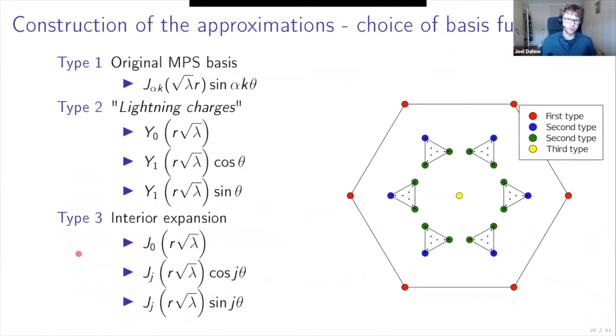So here is a rough sketch of what it looks like. We have 3 types of basis functions. I call them type 1 basis functions. These are the ones in the original MPS article. They are just Bessel functions with an alpha here, and they are the ones at outer vertices. The alpha here corresponds to the angle of the vertex.